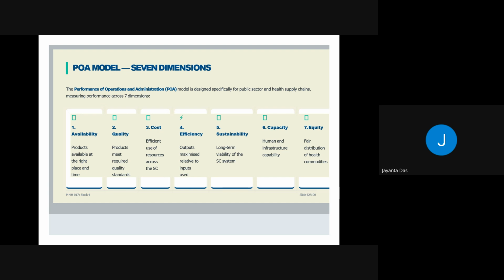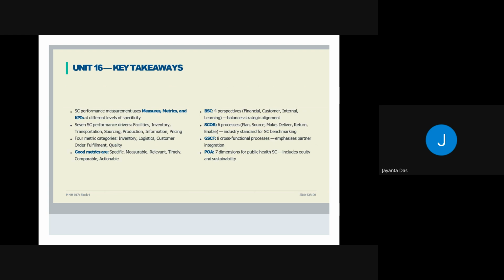So this Performance of Operation and Administration model is designed specifically for public sector and health supply chains, measuring performance across these 7 dimensions. So friends, the key takeaways of this unit 16 are measuring metrics and key performance indicators.